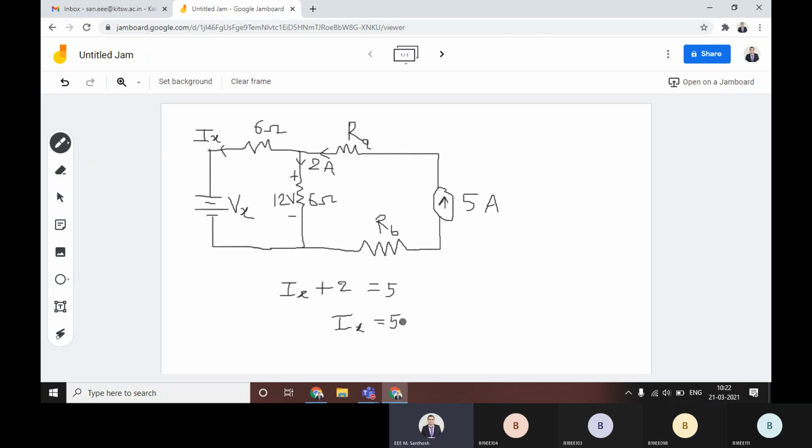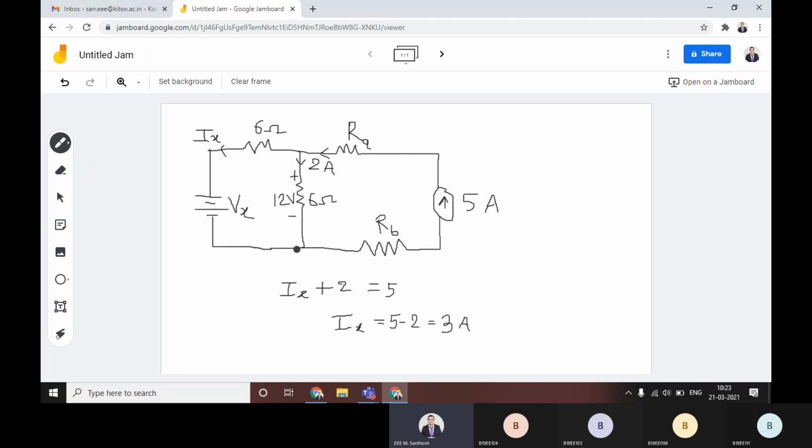Simple to solve. Sometimes problems actually look complicated, but they are very simple if you understand. Whenever they give the voltage, like this 12 volts directly across this resistor, there is some hint.